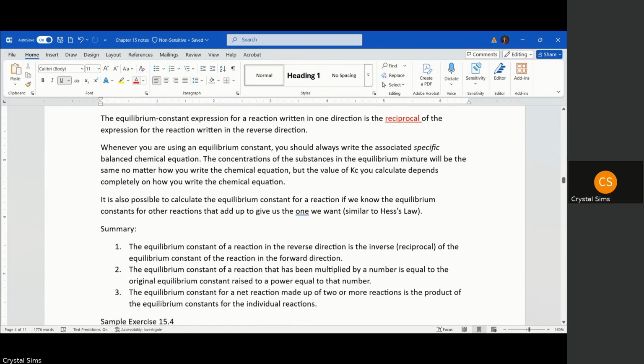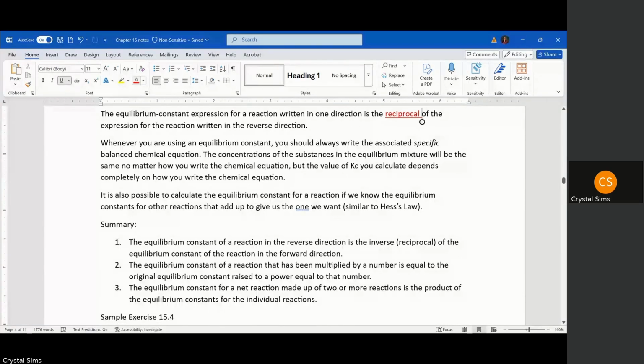We can also calculate the equilibrium constant for a particular reaction if we know the equilibrium constants for the other reactions that add up to give us that one we want. We did something similar to this when we used Hess's law, where we could look at each part of a reaction and look at the energy change and then calculate the overall energy change based on Hess's law.